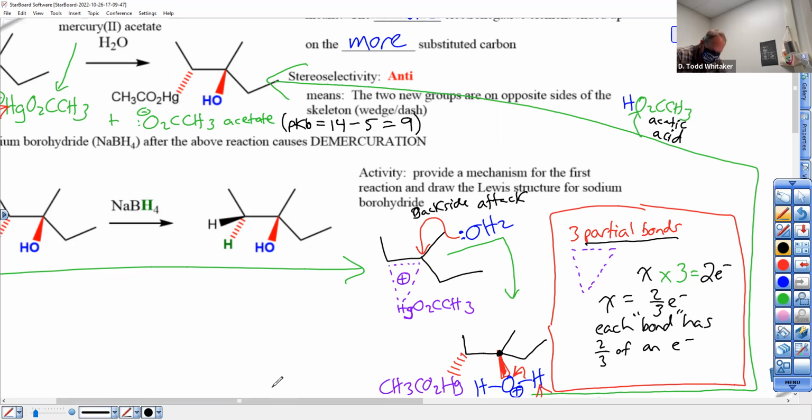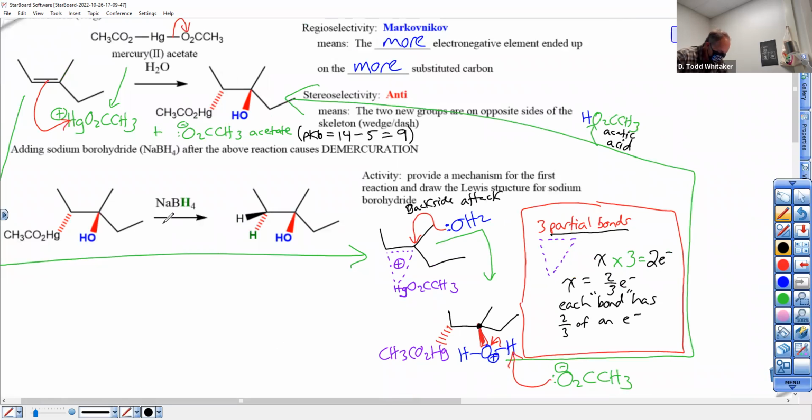And then I got to ask you, what am I doing on this next reaction? And how do I test you on the next reaction? Because we don't do the mechanism here. We don't do this mechanism. But you are responsible for knowing that it's this chemical that gets rid of the mercury and puts what in its place?